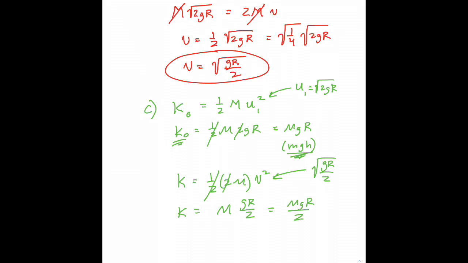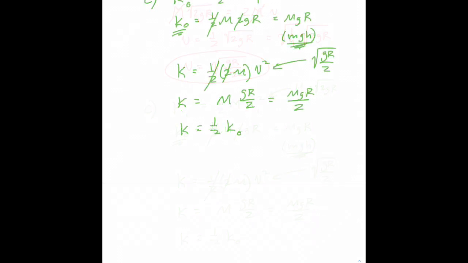So it looks like the final kinetic energy is equal to 1/2 the initial kinetic energy. Okay, let's think about this final result that we're getting. It says the final kinetic energy is half of the initial kinetic energy.